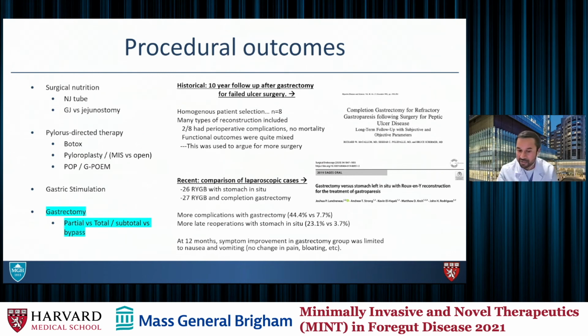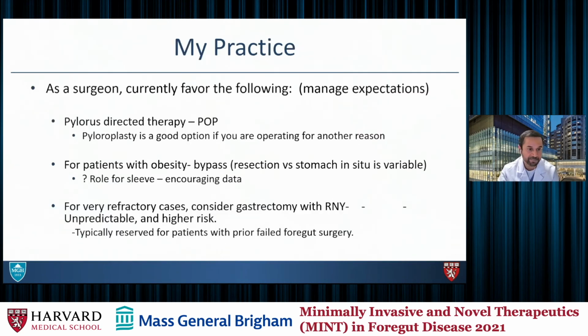There were actually more complications with the gastrectomy group at 44.4%. However, there were late reoperations with the stomach in situ group. At the 12-month mark, symptom improvement in the gastrectomy group was limited to nausea and vomiting, but there was no change in pain or bloating.